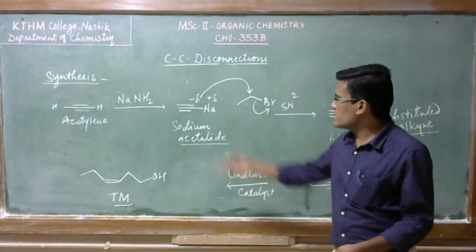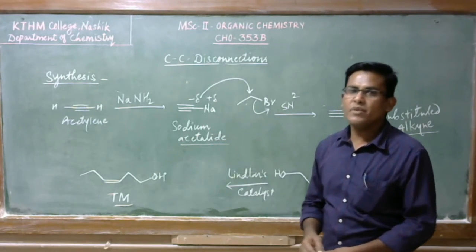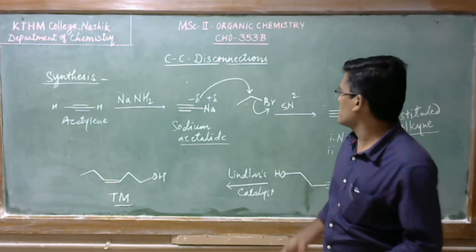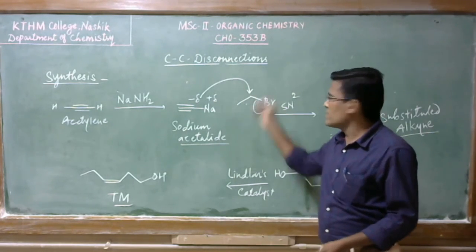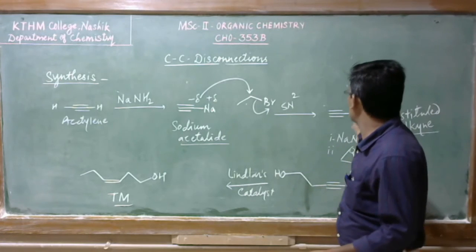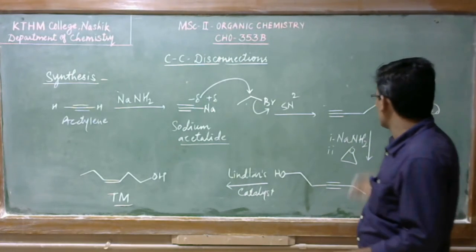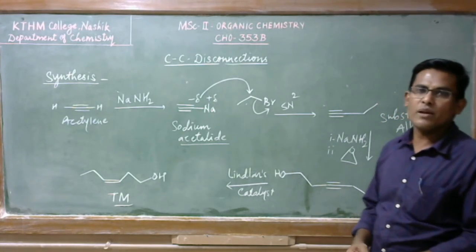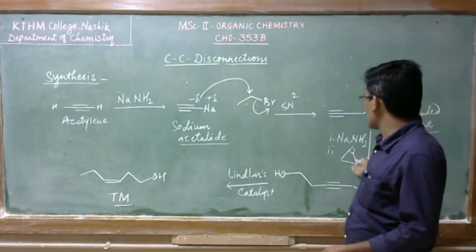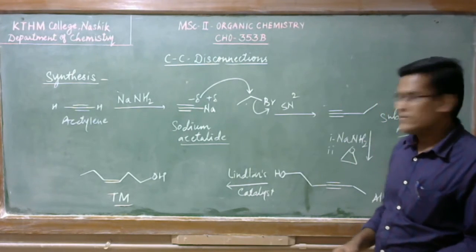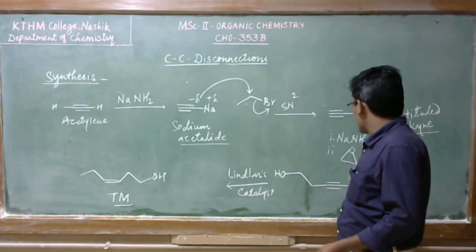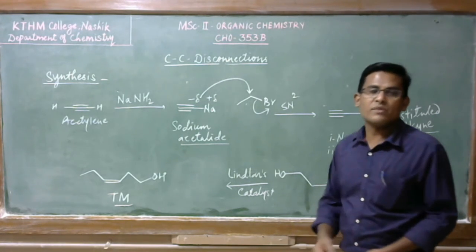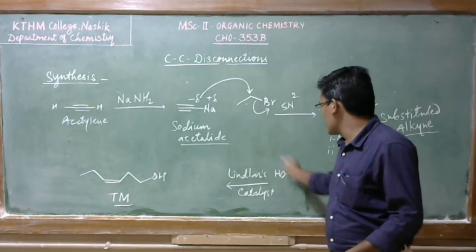So, in the first step, the treatment of acetylene with sodium amide gives this sodium acetylide, which on treatment with ethyl bromide gives the substituted alkyne. Then again treatment with sodium amide, followed by the epoxide, the ring will get opened, which leads to the formation of this alcohol.